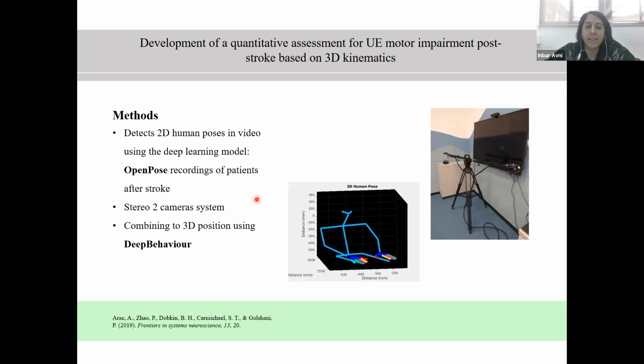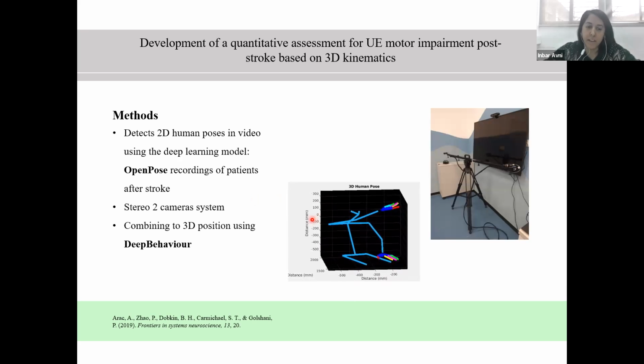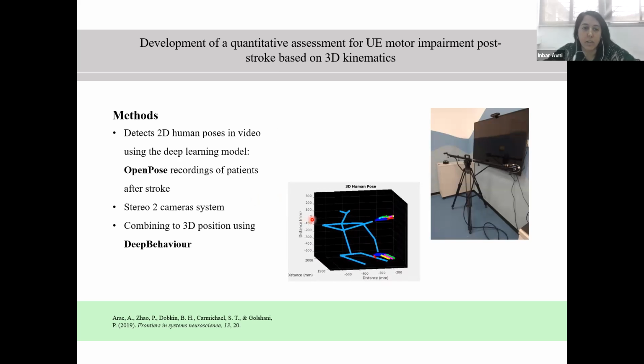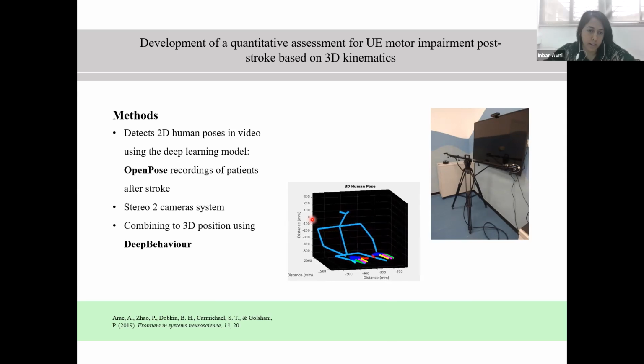So we chose to answer that question by utilizing a novel approach, which allowed us to extract a 3D model of the human body. This is what you can see here, hopefully. This is based on an algorithm called deep behavior, which Dr. Rak helped develop.